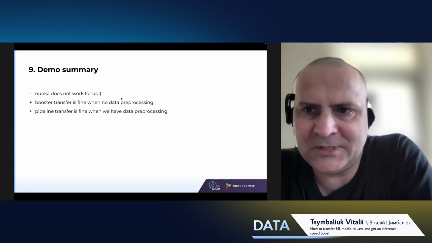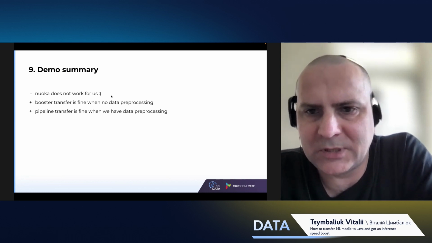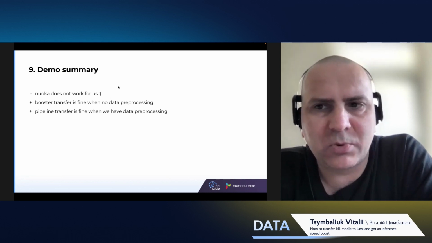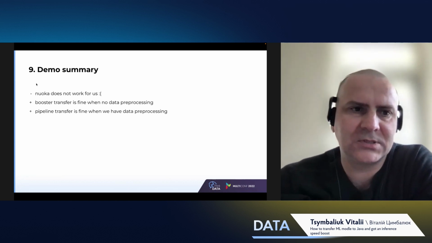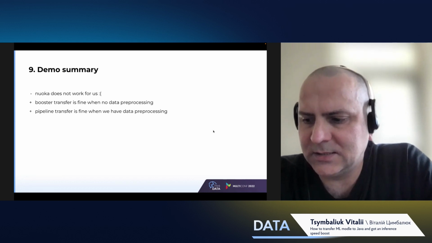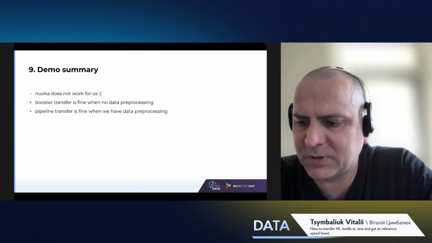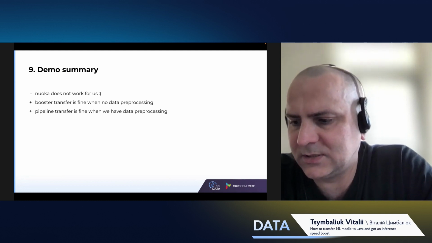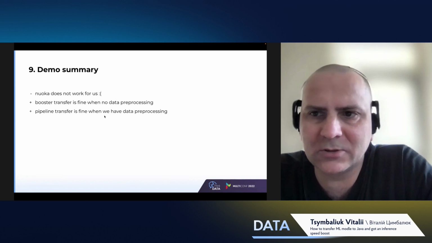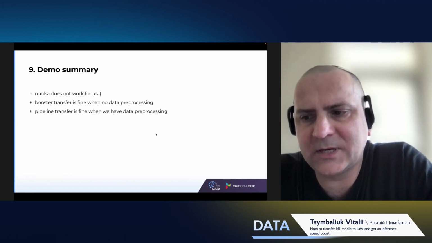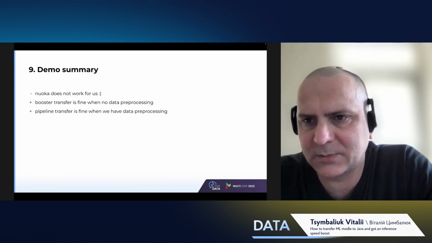It's very simple to use, but it looks like this format is not compatible with our setup, and we should probably use another library on the Java side to work with the Nyoka export. That is a pity. For the other experiments, we can see that both types of export, the booster model and the pipeline model, work fine. We can export, we can execute it, we can get some results.